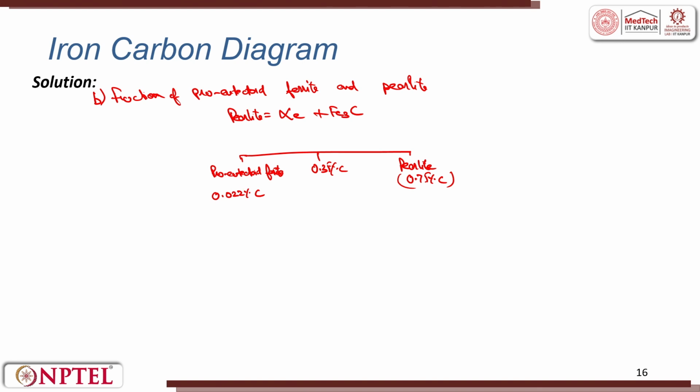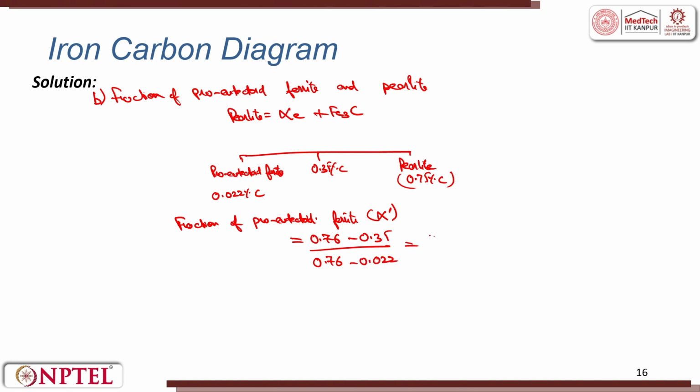Simply using the above rule, the fraction of proeutectoid ferrite, alpha dash, is equal to 0.76 minus 0.35 over 0.76 minus 0.022, which is equal to 0.56. That is the fraction of proeutectoid ferrite in the alloy.